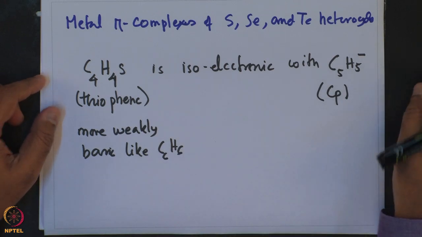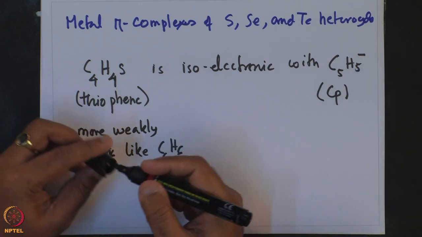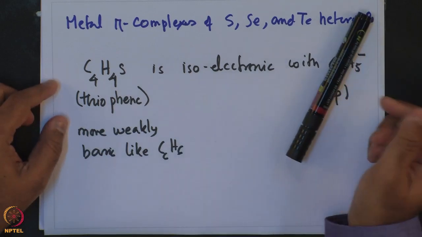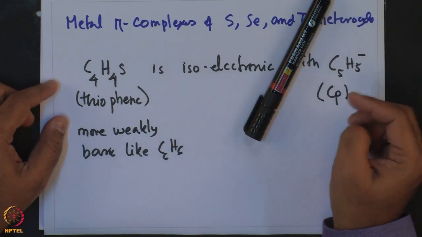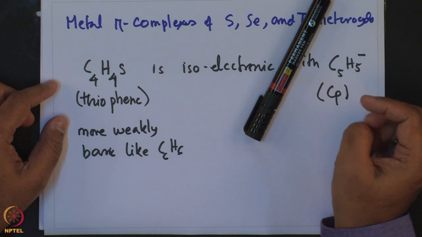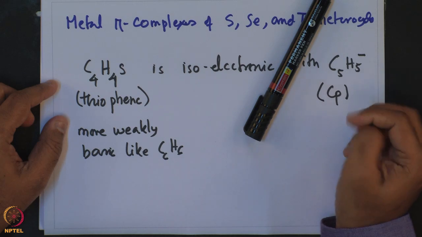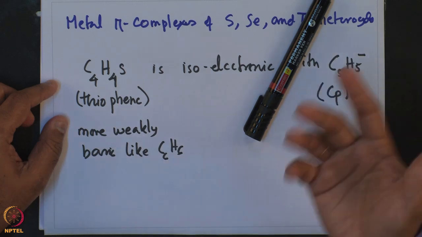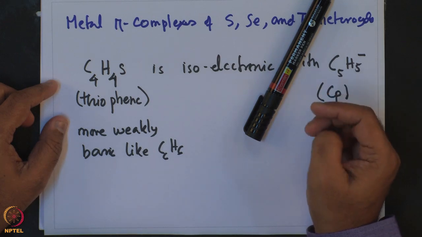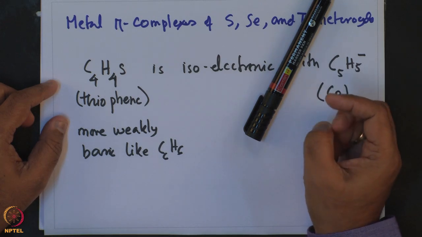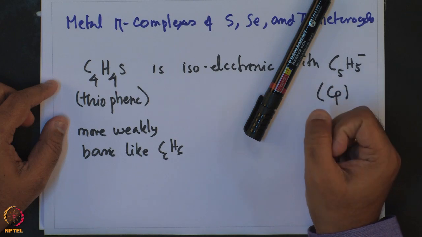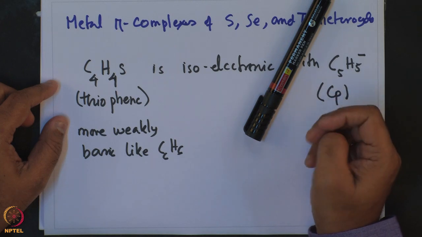Now, if one were to look at the molecular orbitals involving the pi orbitals in the aromatic ring of thiophene, one would see that the orbital degeneracy, which is present because of various symmetry elements in the C5H5 minus or C6H6 ring, gets lost. The symmetry elements are no longer present, and hence the orbital degeneracy is removed in thiophene.